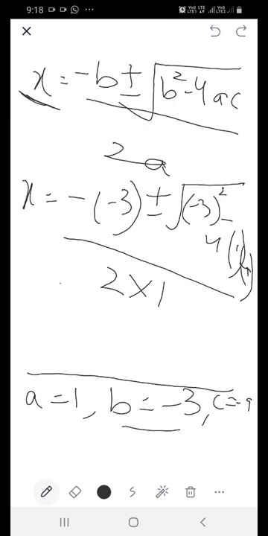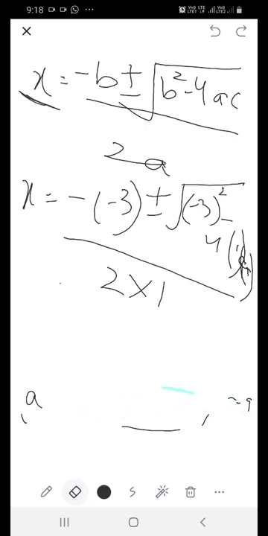So I have substituted the values of a, b, c in the Sridhar-Acharya formula.